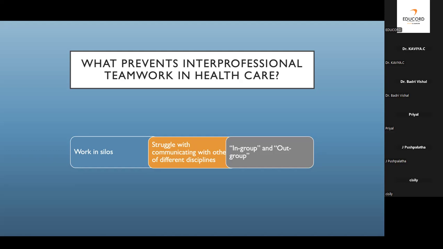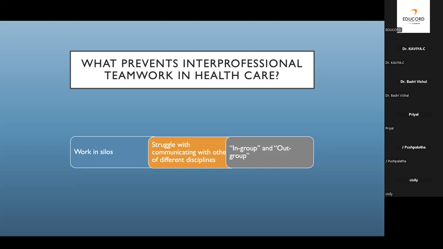Now, this is the hierarchy system that I'm talking about. People are working like that. They have that ego that I'm the senior, everyone has to come to me, everyone has to at least come to my chamber or my desk once a day, give all the updates, and be present when I call them.